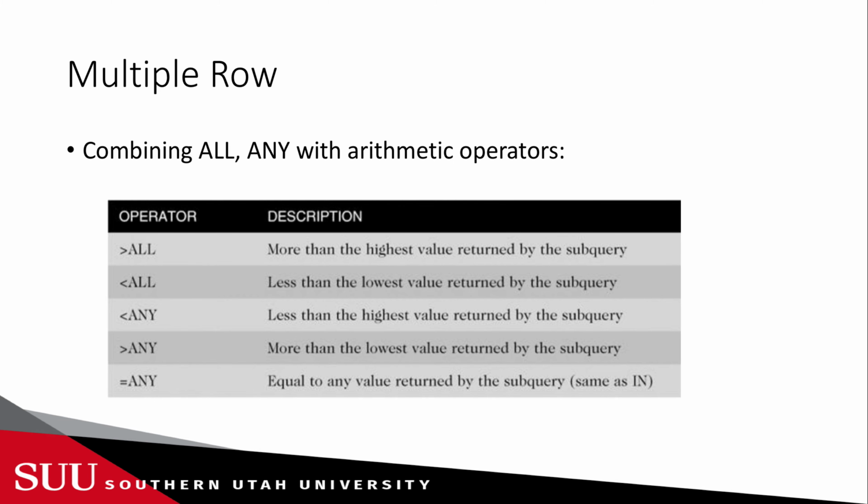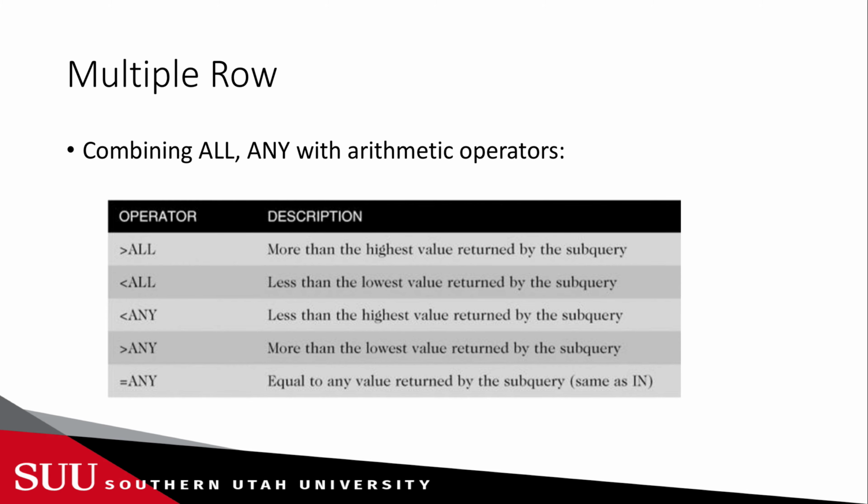If I say larger than all, it has to be larger than the highest element in the list provided by the subquery. Similarly, if it's less than all, it has to be less than the lowest value returned by the subquery.